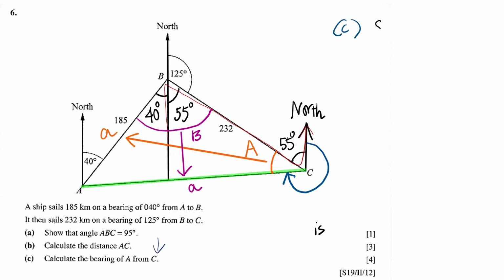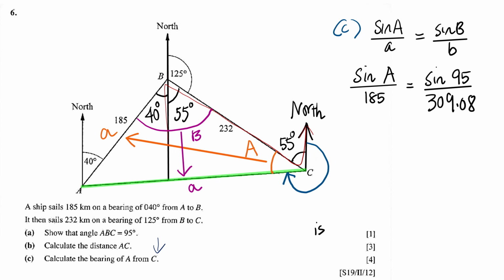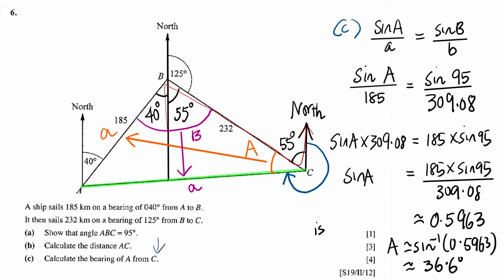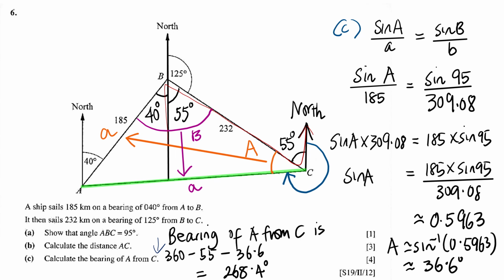We do a cross multiply again, divide by 309.08 on both sides, and take sine inverse to find the angle, which is sine inverse of 0.5963. That gives us 36.6 degrees. Therefore, your bearing of A from C will be 360 degrees minus 55 minus 36.6. That gives us 268.4 degrees, to three digits and one decimal place.